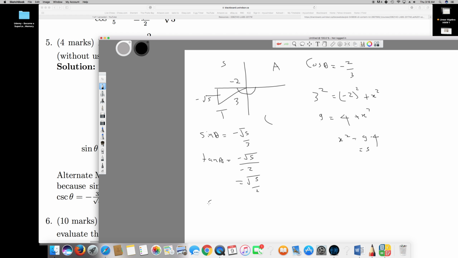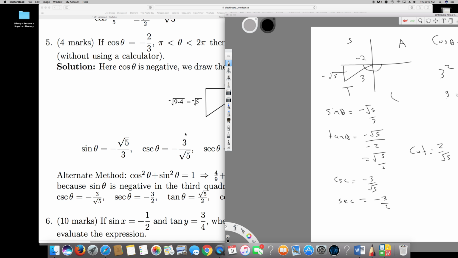Cosec is the reciprocal of sine, so negative 3 by root 5. Sec is the reciprocal of cos, therefore negative 3 by 2. And cot is the reciprocal of tan, therefore 2 over root 5. So we found all the ratios. Let's go to the next question.